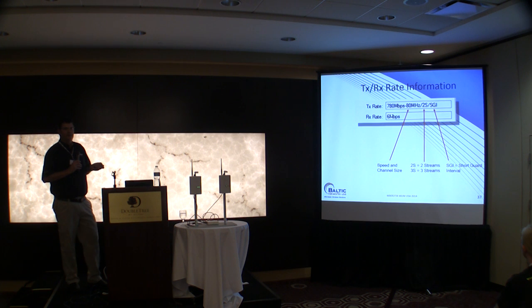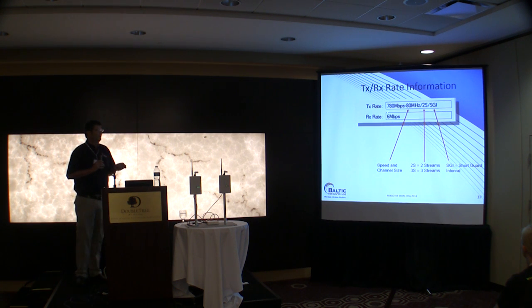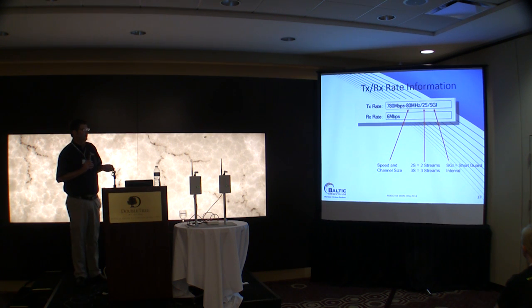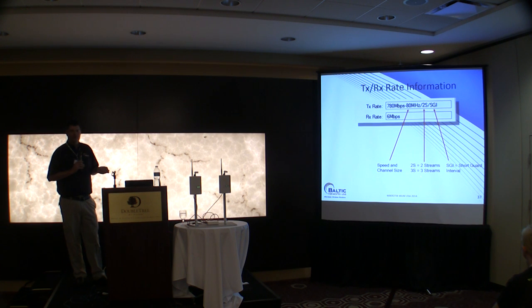Reading this line, if you never understood what this means, this is a little indication. So this is our transmit rate, our channel size. Finally, the second number, the 2S, means we're actually connected with 2 streams. A 3S would be a 3-stream environment. If there's nothing there, it's single stream.